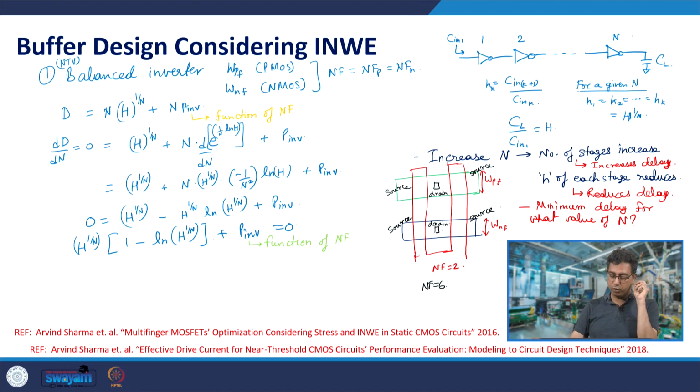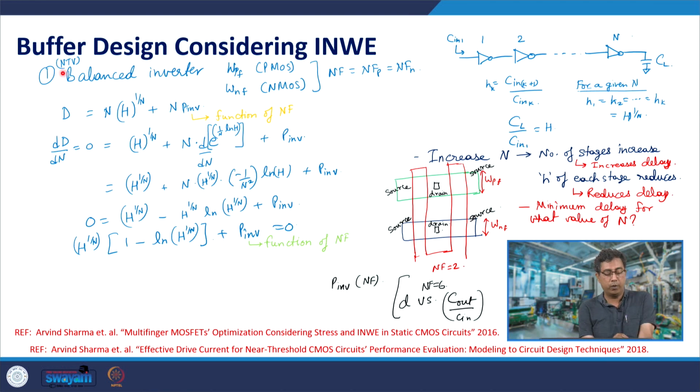capacitance. So, with this number of fingers plot the delay of the inverter versus load capacitance C out by C in of the inverter, okay, delay versus C out by C in of the inverter. So, from that obtain the P inverter for this. So, doing this we obtain the P inverter for this number of fingers. Okay.